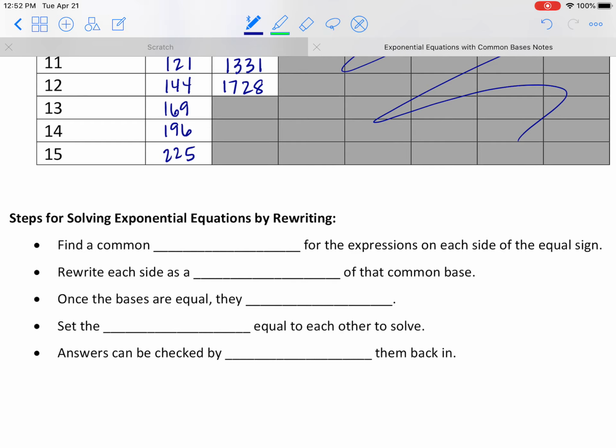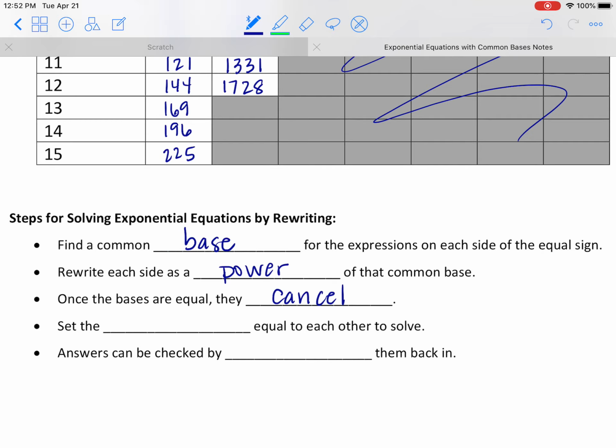Now, the steps, right? How do we use this table? We're going to use this table and try to find these numbers in terms of what the base of those numbers is. What base to what power gets those numbers, okay? So we're going to look for a common base using that table. And we're going to rewrite each side of our equation as a power of that common base.